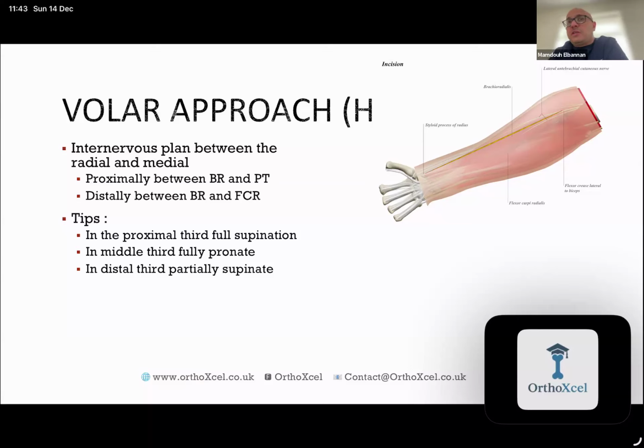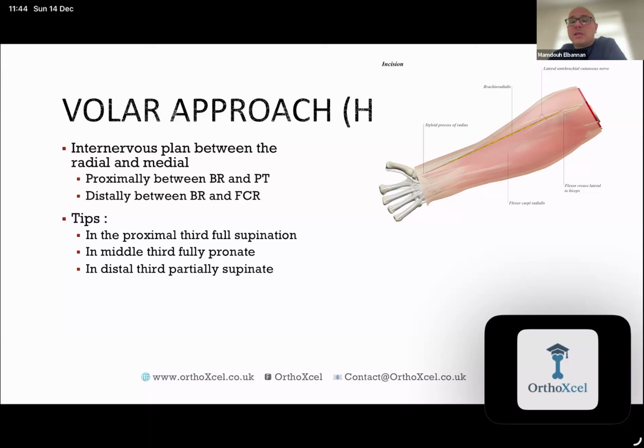The approach, you can read it from any book. You can say the steps: you elevate the brachioradialis and protect the superficial radial nerve as we discussed. Here is the significance of the anatomy we are talking about. Going deeper, it's very easy. Whoever has done this surgery, once you open the skin, you'll find your plane from the trauma, and then you can follow it while protecting the neurovascular structures.